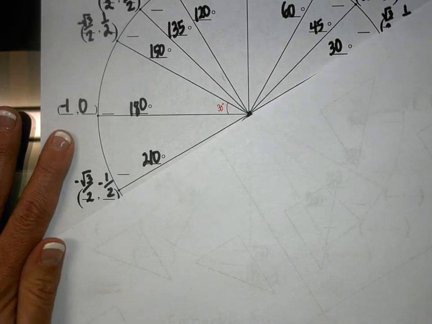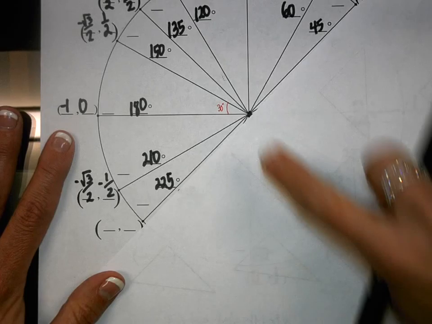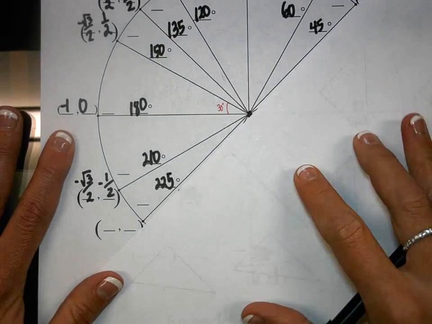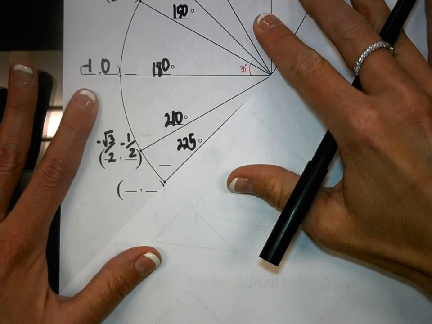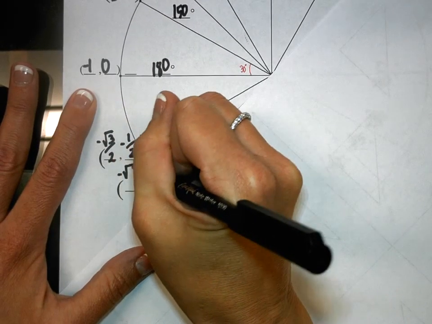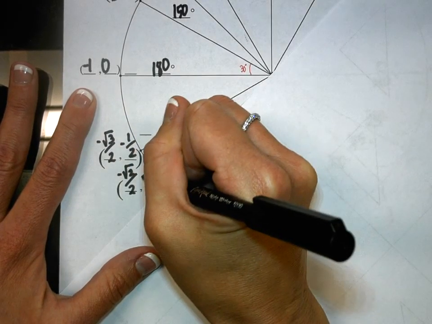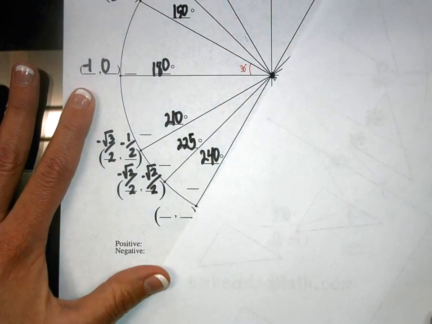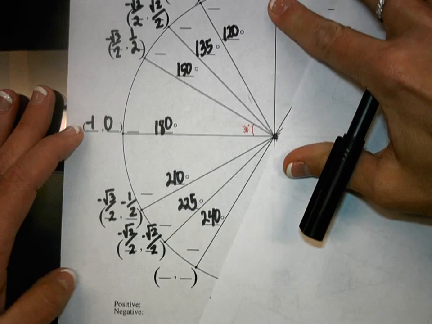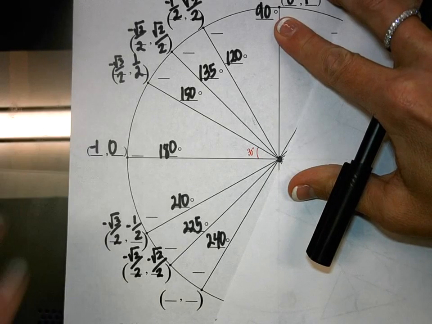Okay? So on this next one, it's going to match with our 45 degree. And so what will this one be? Very good. Negative root 2 over 2 and another negative root 2 over 2. What will be, I needed to actually show this, what will be my next one?